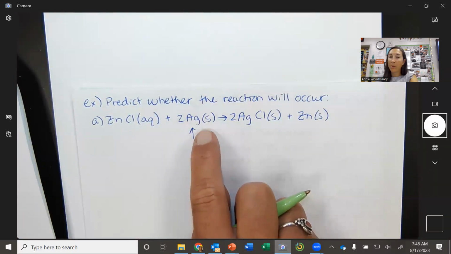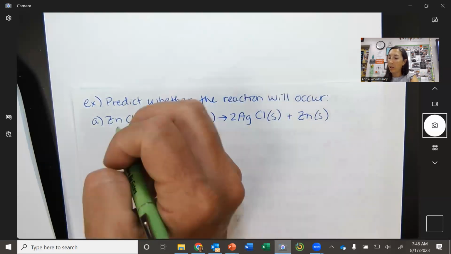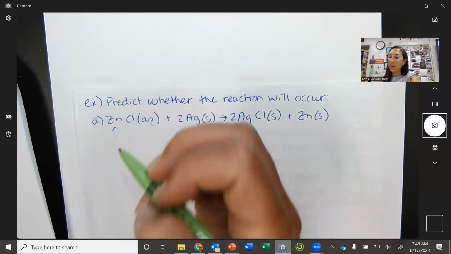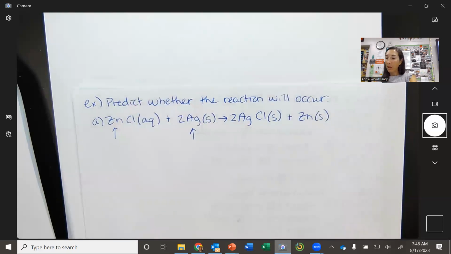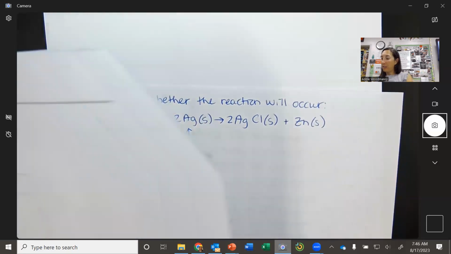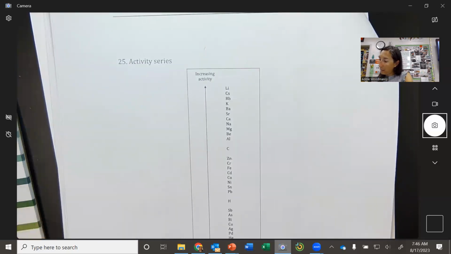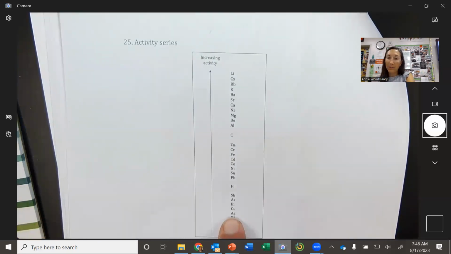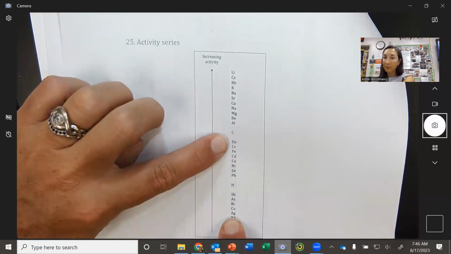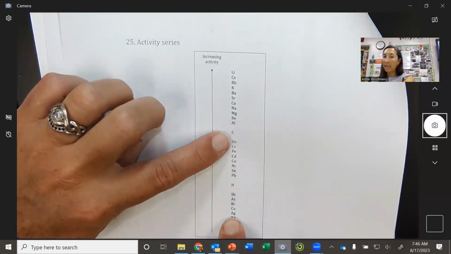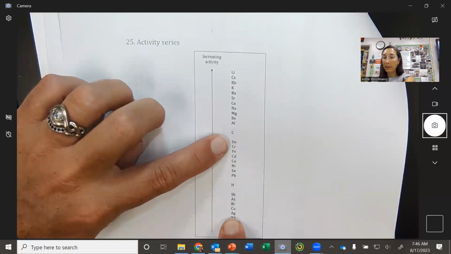We need to figure out the placement of silver on our activity series in relation to the metal that's in the compound. If we look at our activity series, we can see that silver is down here and zinc is way up here. So zinc is the better reducing agent.